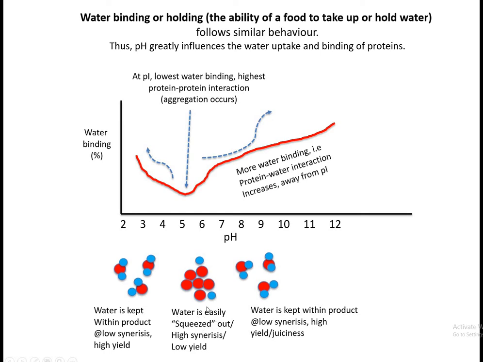The syneresis is high and yield is low. Okay, same thing with the area towards the acidic region after the isoelectric point. As we move away from the isoelectric point, you will increase the water binding to the protein. Okay.